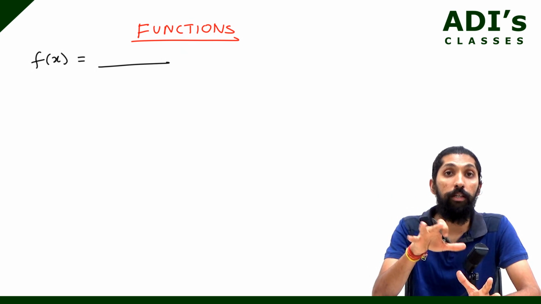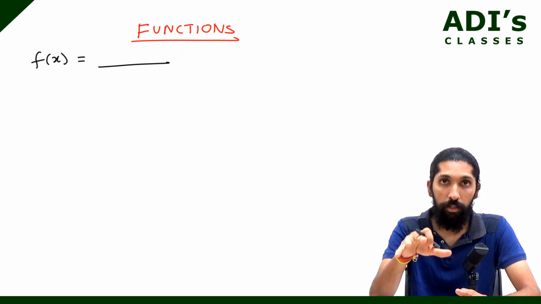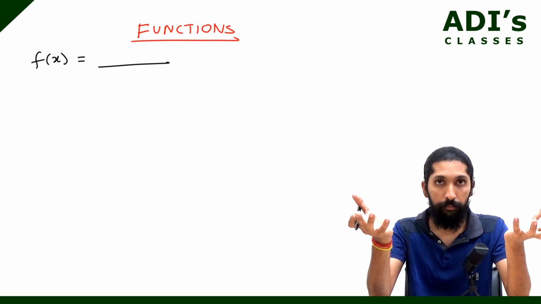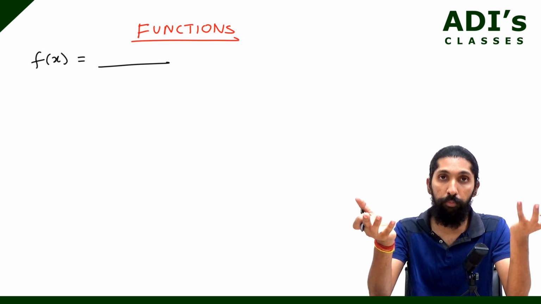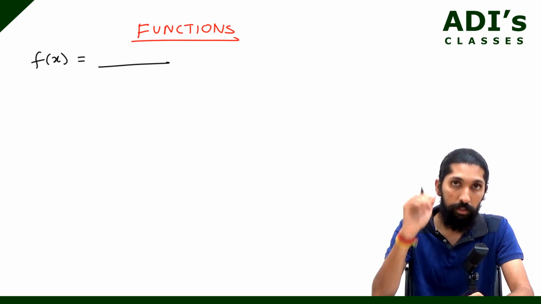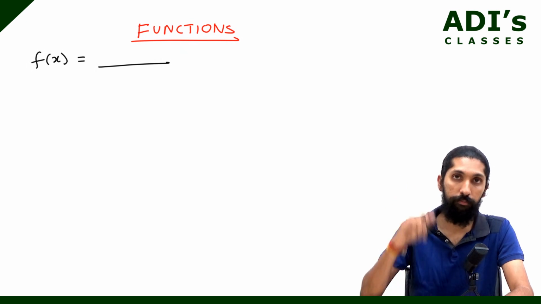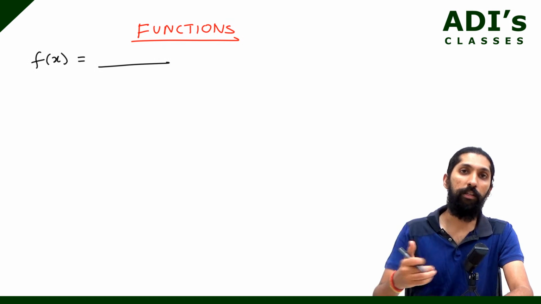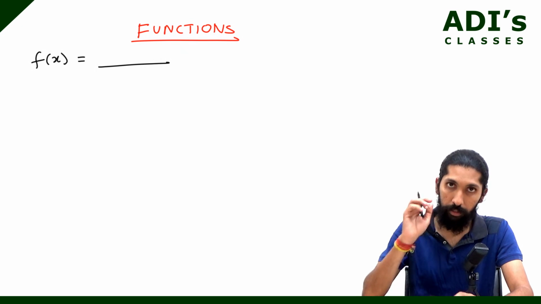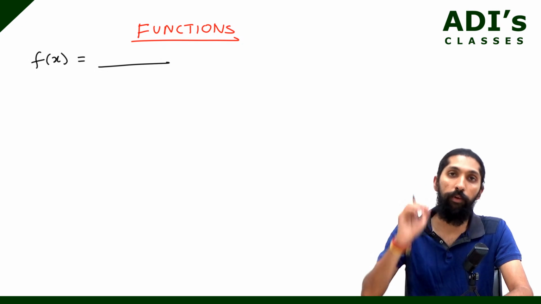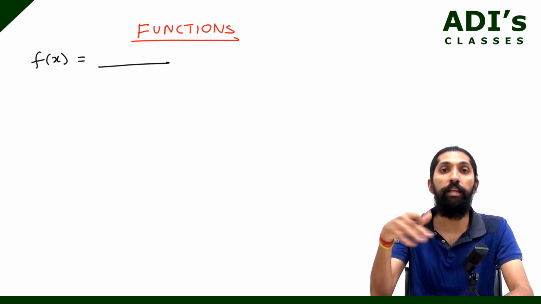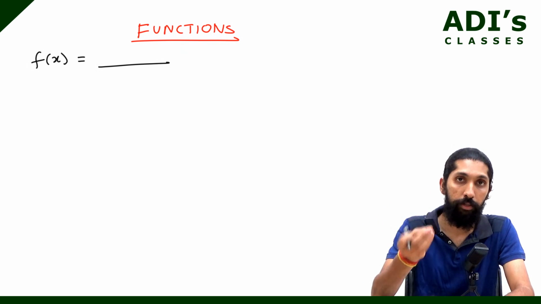Now, a function in general is something where you have an input and an output. You give a value for the input and you are going to get an output value. This basically is what we call a function. Now, there is a much finer definition and understanding about function. Whenever we talk about a function, you need to have an input value and you're going to get an output.